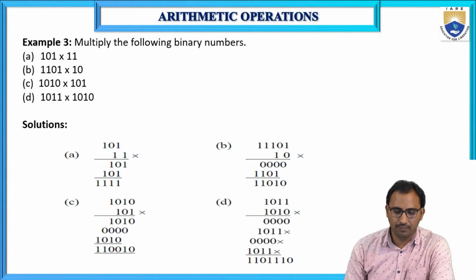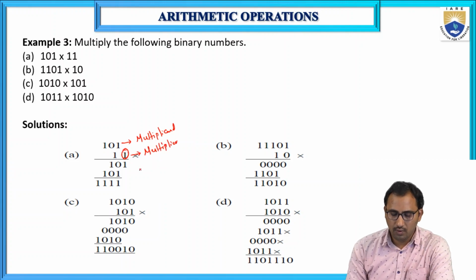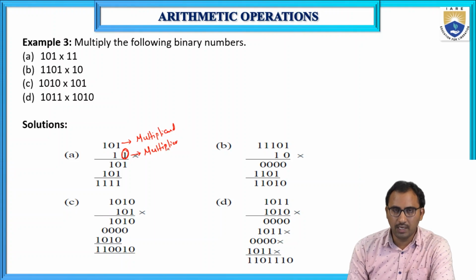Using these 4 multiplication rules, we can perform the binary multiplication. Here we have some examples. First one is multiplying 101 with 11. This is called the multiplicand, and this is called the multiplier. We take the first digit in the multiplier and multiply it with the multiplicand.